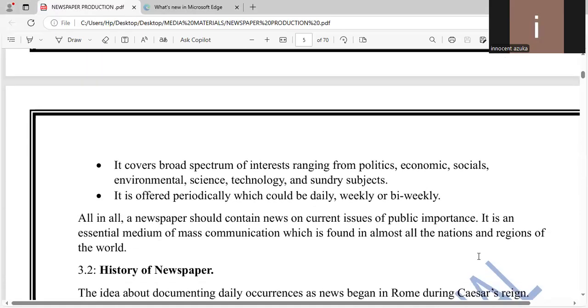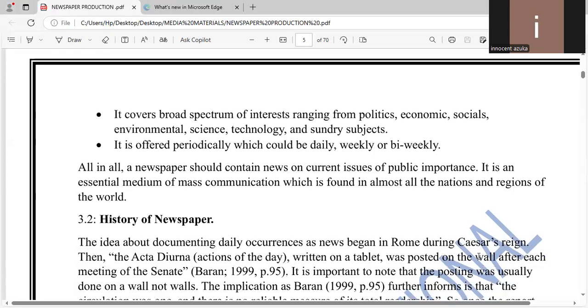It covers a broad spectrum of interests, ranging from politics, economics, social, environmental, science, technology, and sundry subjects. It is offered periodically, which could be daily, weekly, or bi-weekly.